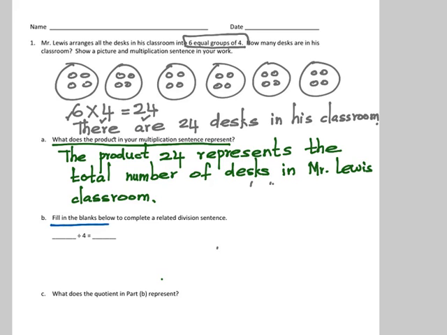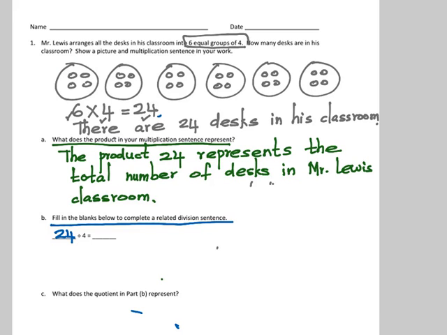So the next question is, fill in the blanks below to complete a related division sentence. They're asking for a division sentence. For that, we always know the total divided by the size of each group, so here 4 is the size of each group, and then we have to write the number of groups. So the total is 24 divided by the size of one group, which is 4.